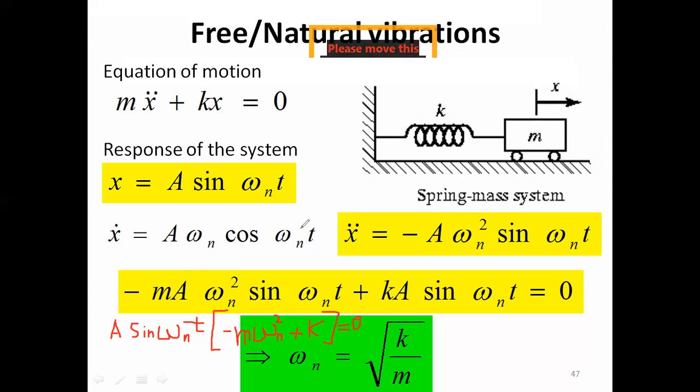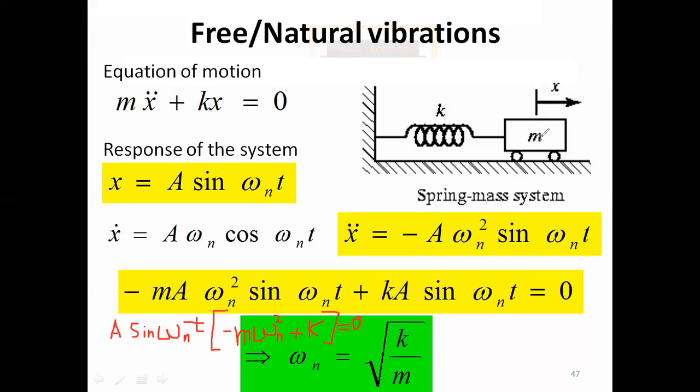So displacement cannot become 0 at all times during the vibration. A sin(ωn t) cannot be 0 during all of the vibration, from time 0 to t. Displacement will be 0 only at the mean position.